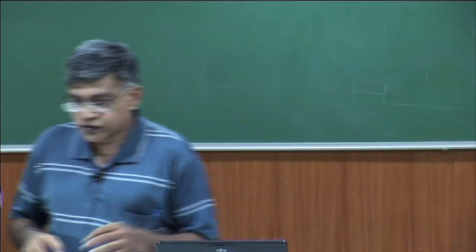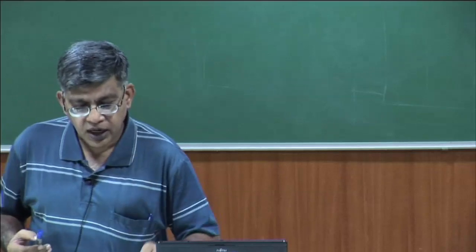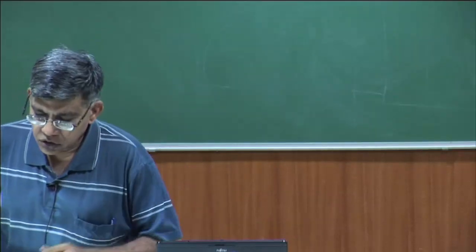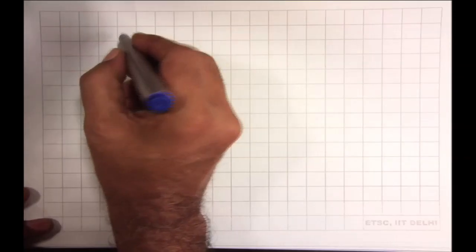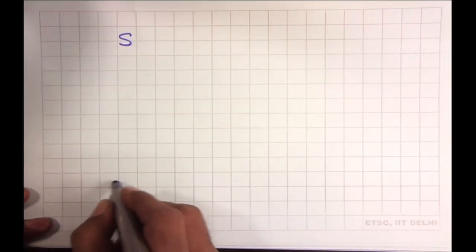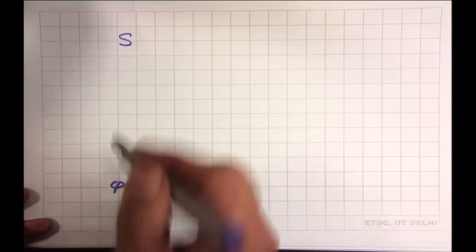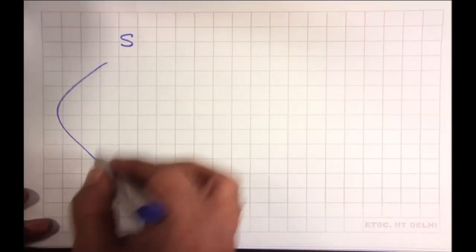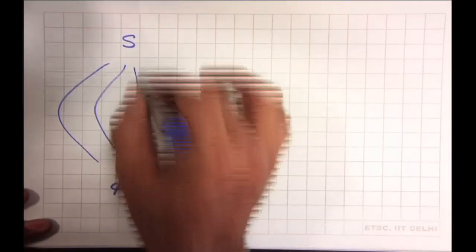So, under the subset ordering, you take a set S and you have the empty set and you have basically various kinds of subsets in between.